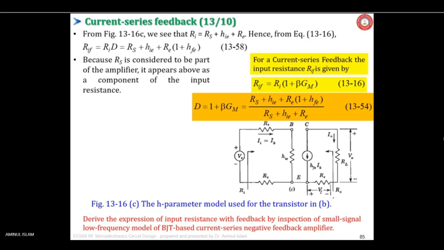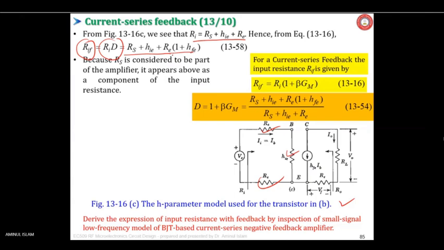From this figure 13-16C, we see that Ri equals what? This, and this: 3 resistances coming in. So input resistance is this. Hence, RIF equals RI times D, equals this expression, the input resistance with feedback.